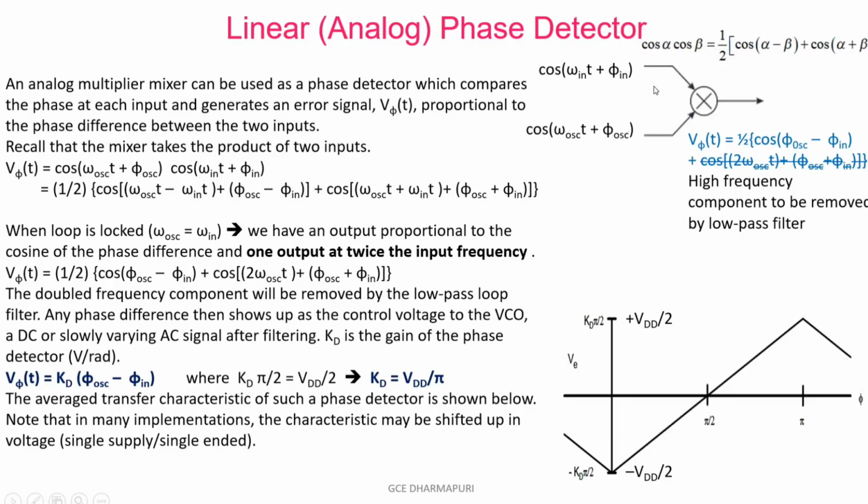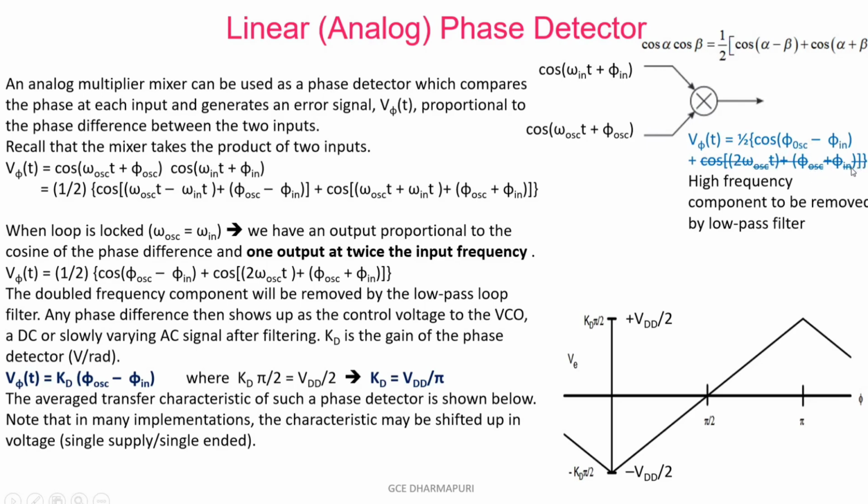So I can write V phi of t is equal to 1 divided by 2 cos(phi oscillation minus phi in) plus cos(2 omega OC t plus phi oscillation plus phi in).